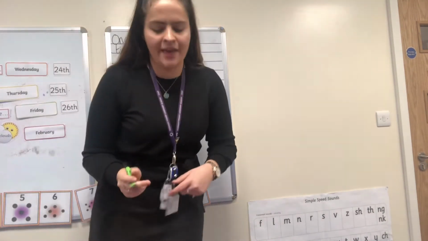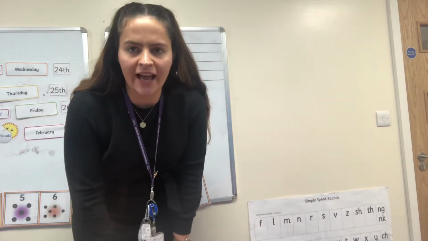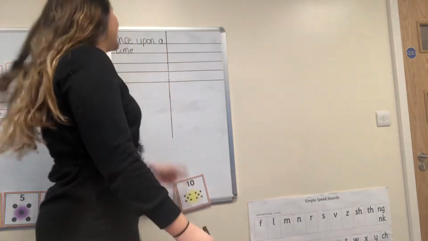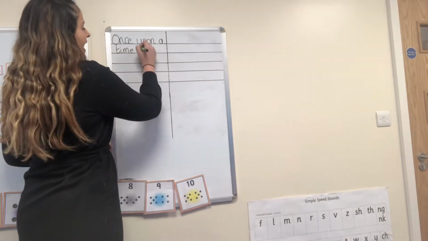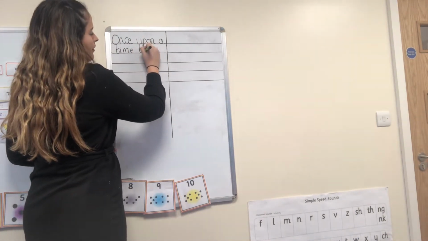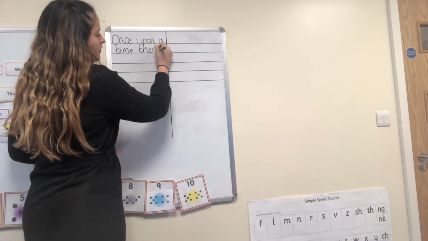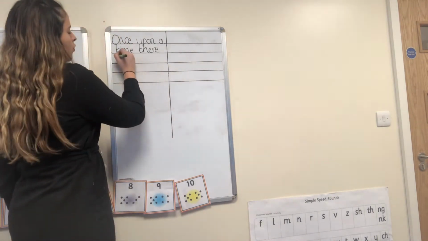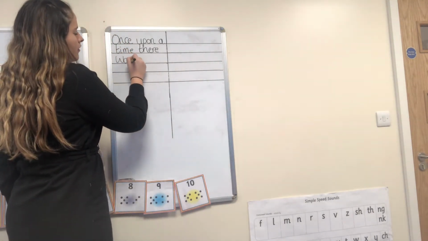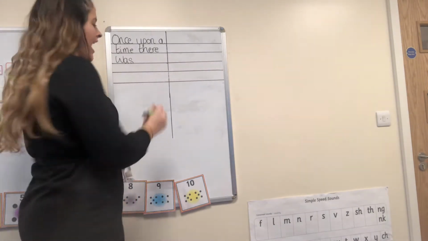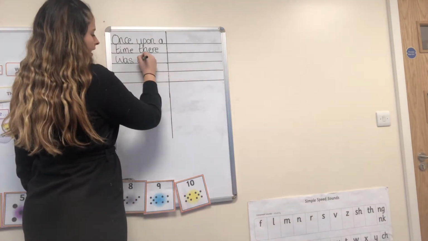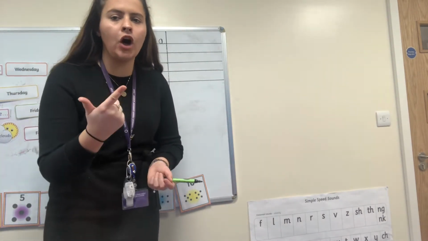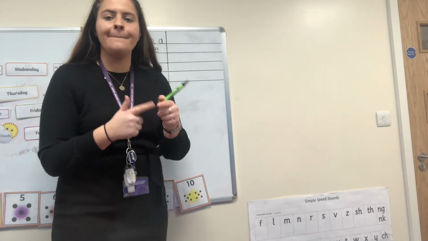Once upon a time, there was a boy called Jack. So our next bit, once upon a time, there was, which is a red word, so you can have a go at that one yourself. Was, a, finger space, a, and boy, you can also have a go at yourself because you've got that sound, b-oy, boy.